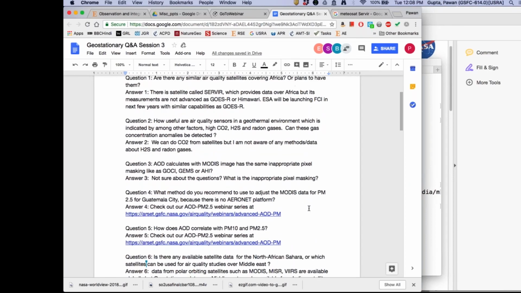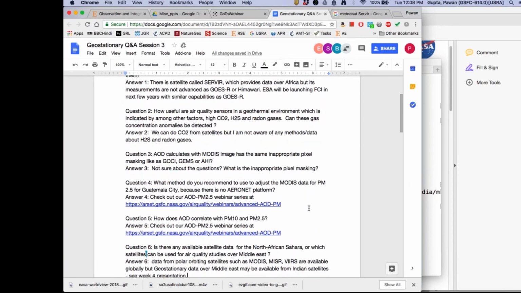Next question: how useful is an air quality sensor in a geothermal environment, which is indicated by among other factors like high CO2, H2S, or radon gas? Can these gas concentration anomalies be detected? So we can do CO2 from satellite. There are a number of sensors actually up in space which can make measurements of CO2.